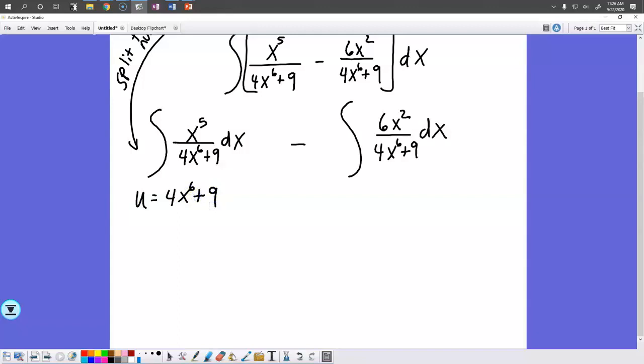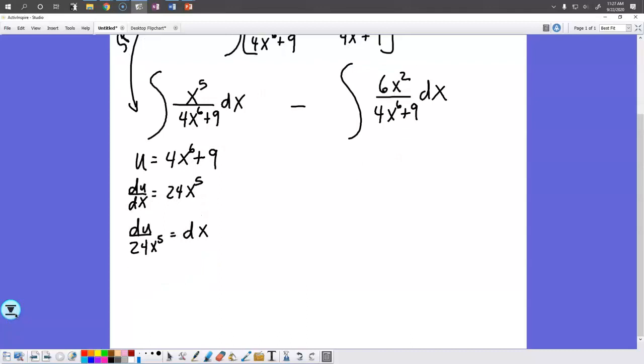So that's what we're going to do for this half of the problem. Let's go ahead and do the derivative of u with respect to x, which is going to be 24x to the 5th. We're going to get the dx by itself, and then we're going to do our u substitution.